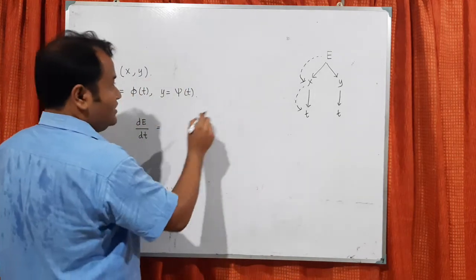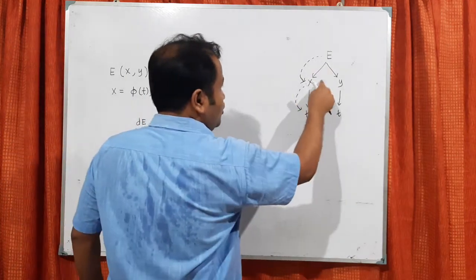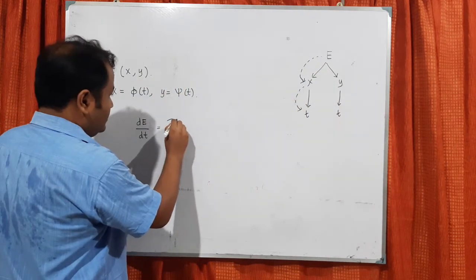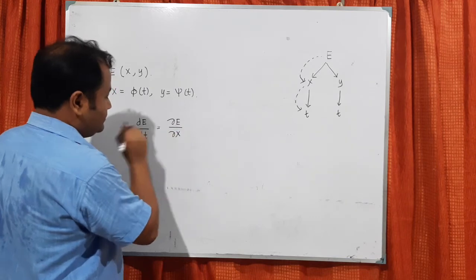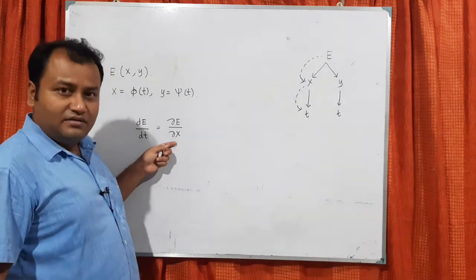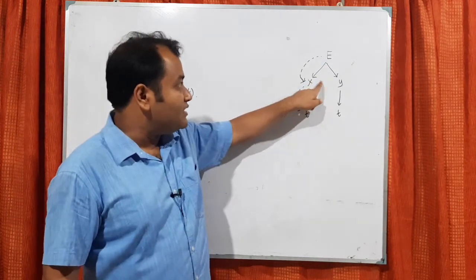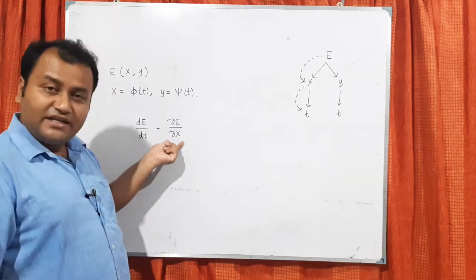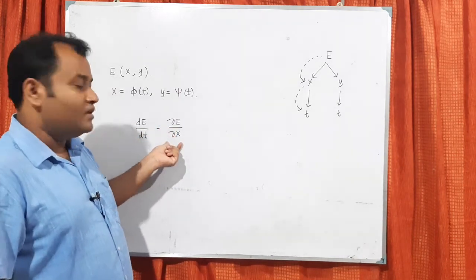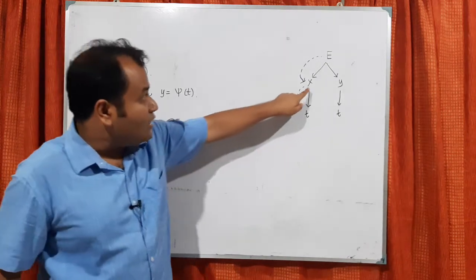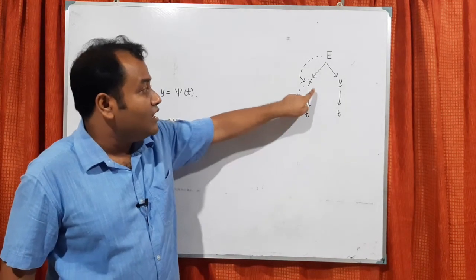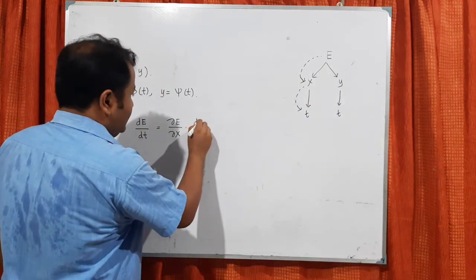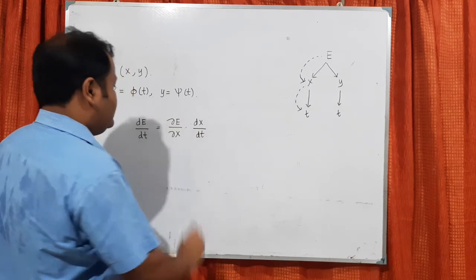Now you see E has two options, x and y. So I take the derivative of E with respect to x. Why am I using the del notation? Because E has two options, x and y. I have already said, if you have multiple options, you choose the partial derivative. So I use the partial derivative multiplied by the derivative of x with respect to t, but x has a single option only, t, so it should be dx/dt.